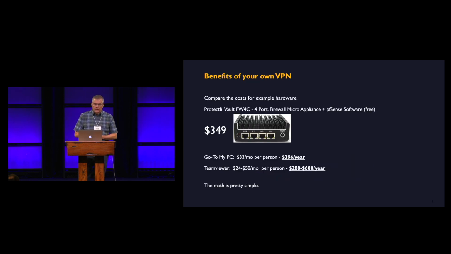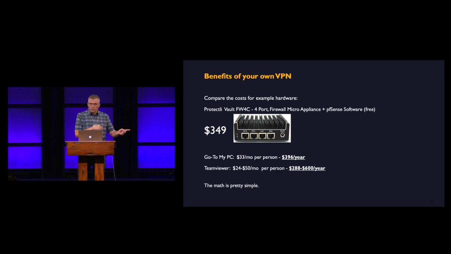Here is a great example. Here's a particular piece of hardware, and we'll see why in a minute that I've picked this. This happens to be a 4-port firewall, very good performance, and it's $349, a one-time cost. Now, go to my PC, depending on the deal you have, $33 a month per person, that's $396 a year.